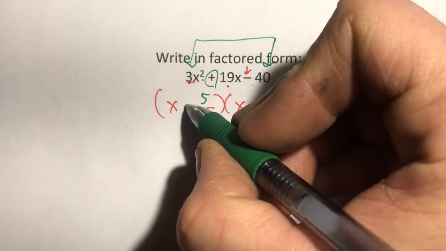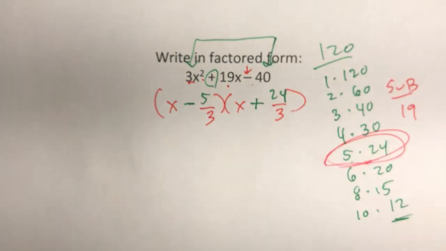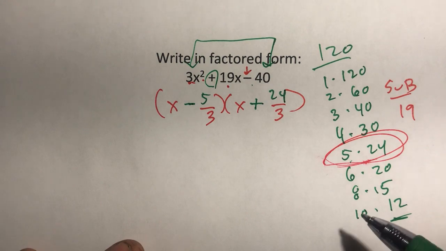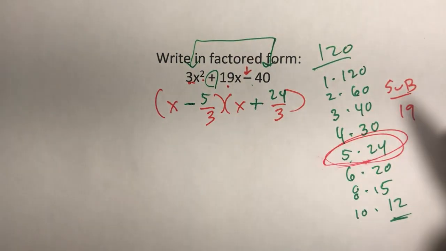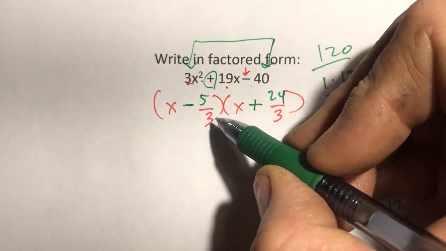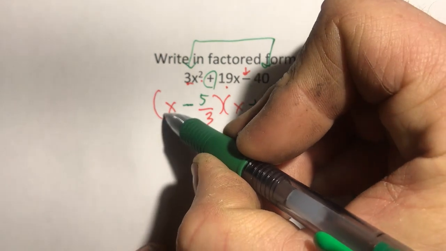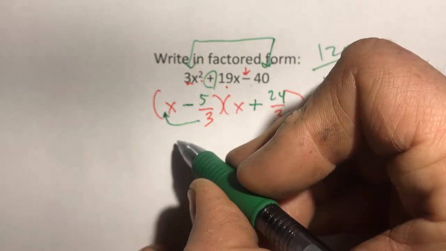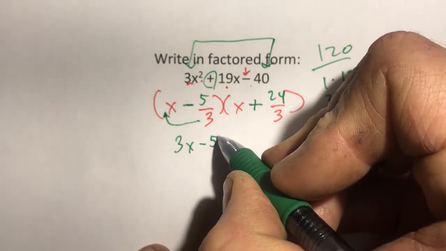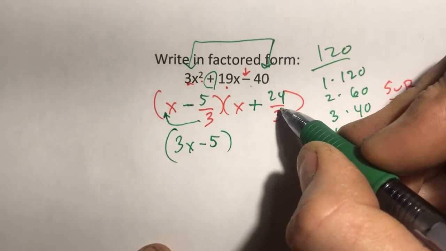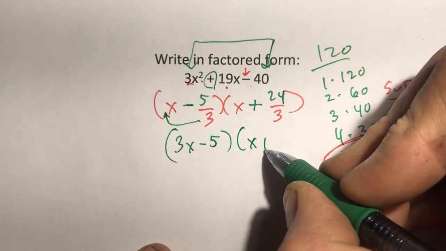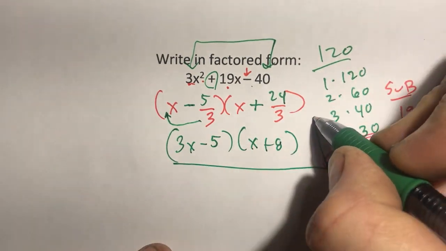All right, there's a positive, so that must be my negative right there. Okay, and then I simplify these fractions. You can't have fractions in your factors. So 5 divided by 3 does not simplify, so the 3 goes over in front of the x, right there. 3x minus 5. Right here, 24 divided by 3 simplifies to 8. And there you go, there's my factors.